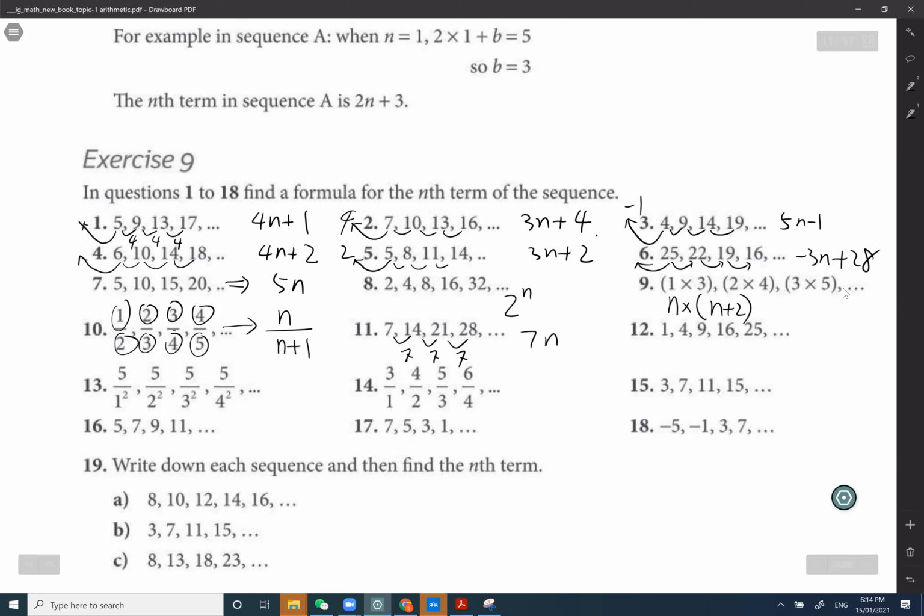Yeah. Okay. Raymond, number 12. This is all square numbers, n squared. Okay.